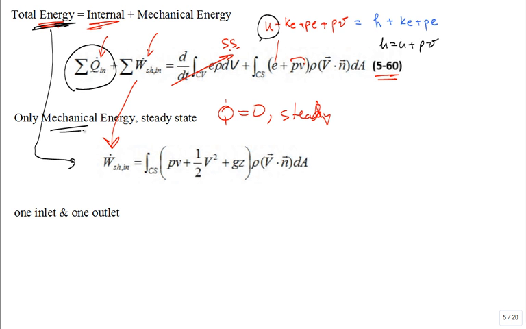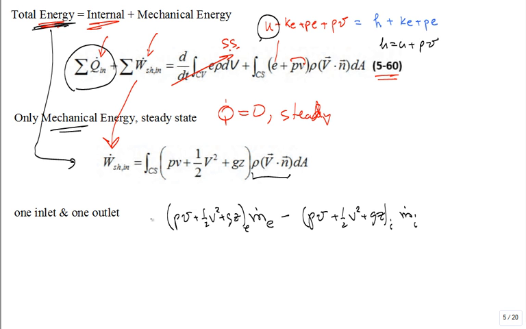Now, how do I write this with one inlet and one outlet? This would be like the mass flow rate exiting, and then you have the PV plus 1/2 V squared plus GZ exiting minus PV plus 1/2 V squared plus GZ coming in times the mass flow rate coming in. True?